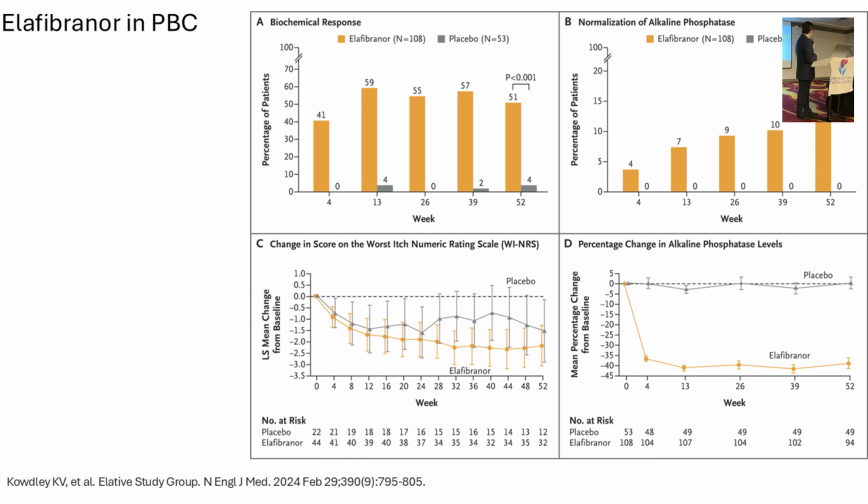What's most interesting is the rate of complete biochemical remission or normalization of alkaline phosphatase. Up to 15% of patients will accomplish normalization of alkaline phosphatase at 52 weeks.